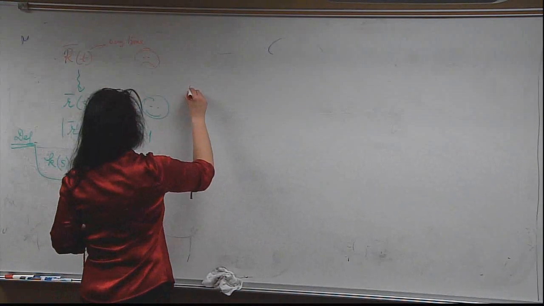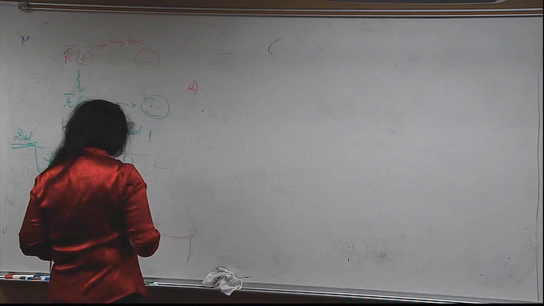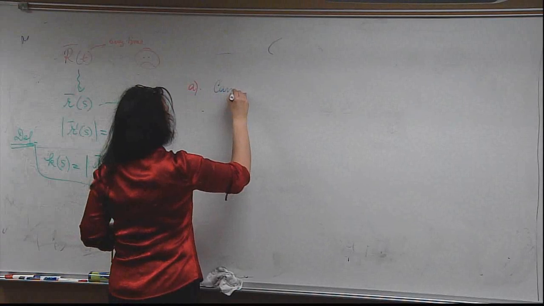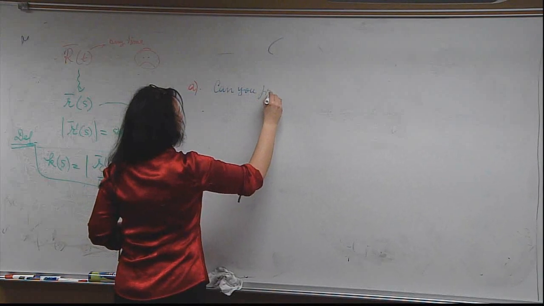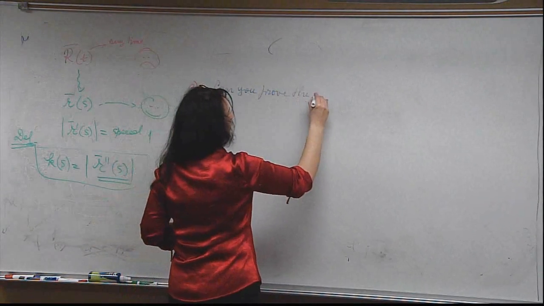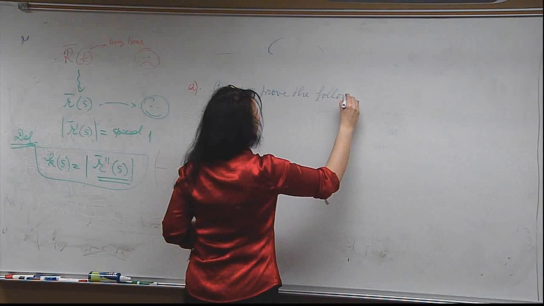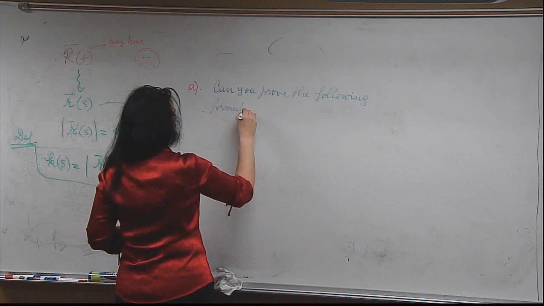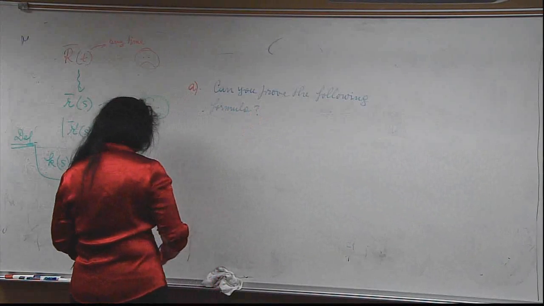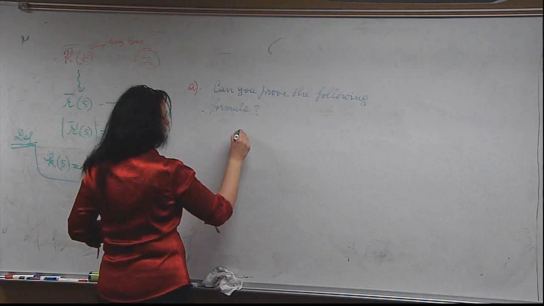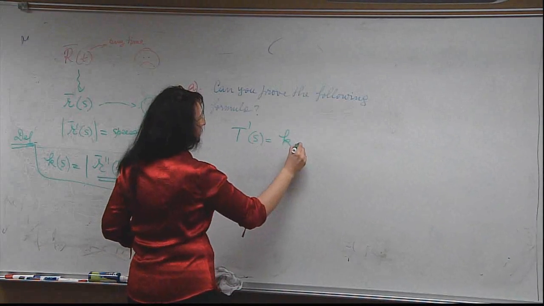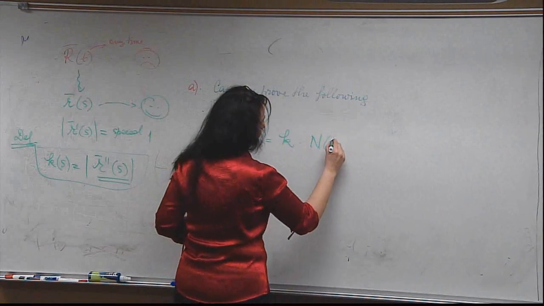Can you prove the following formula? T prime of s equals k times N of s.